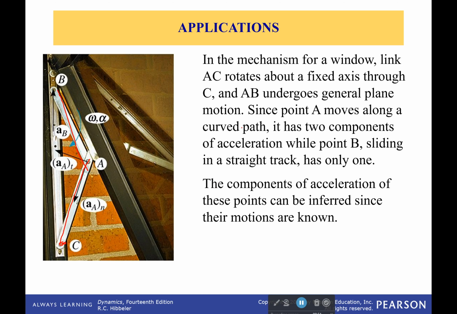Now, since point A moves along a curved path, it has two components of acceleration, while point B, sliding in a straight track, has only one. It's going straight up, that's it. So the components of acceleration of these points can be inferred because we know their motion. We can tell exactly what direction they're going, even if we can't tell exactly what their magnitudes are quite yet.